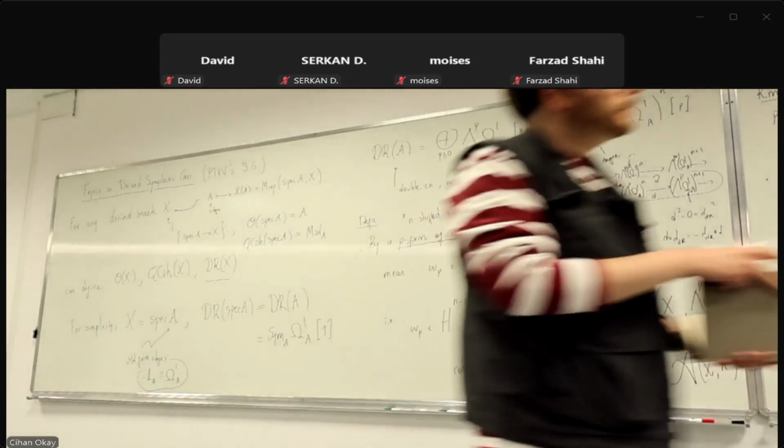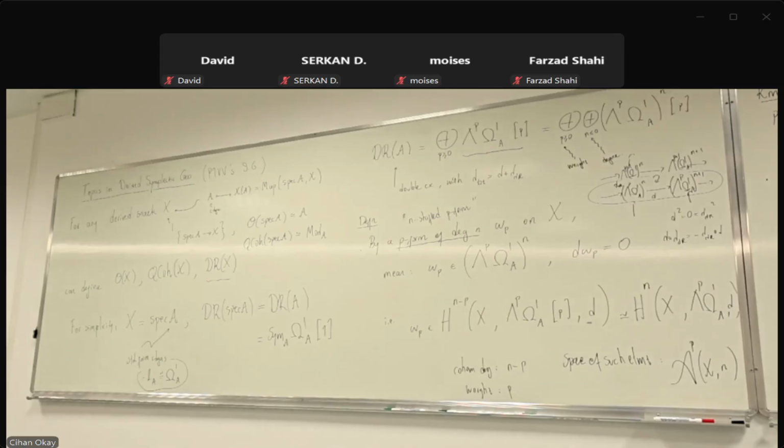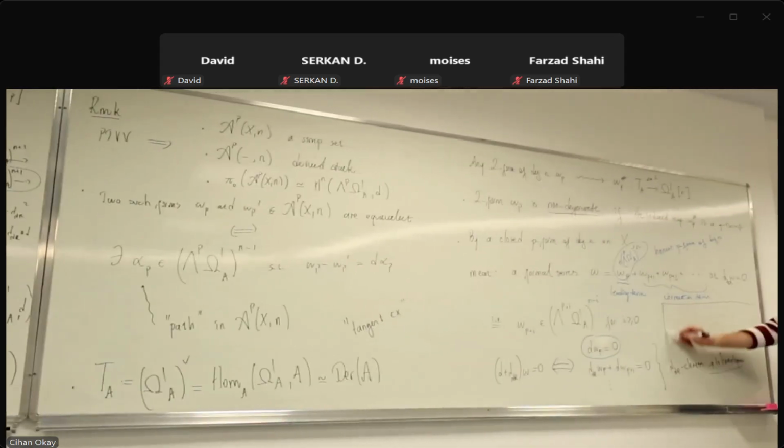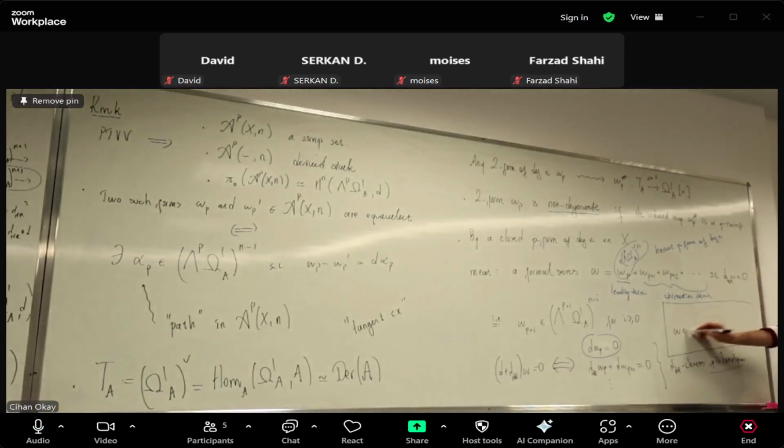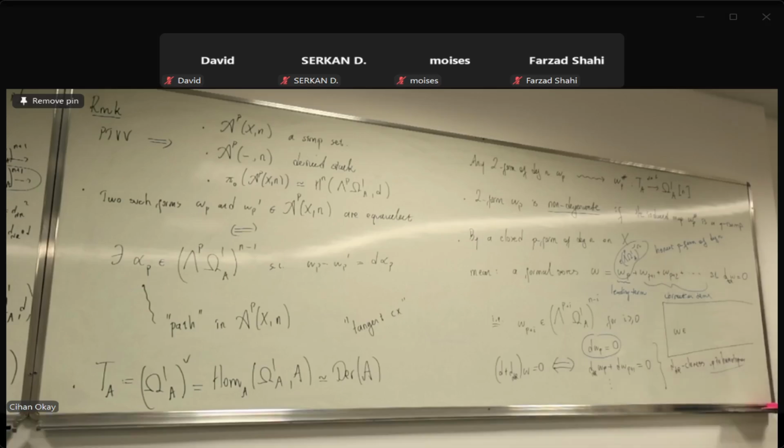If you look carefully, you can easily see that such an omega will be in the following cohomology. Instead of just a single complex, you consider all possibilities because you are considering infinite series like this.